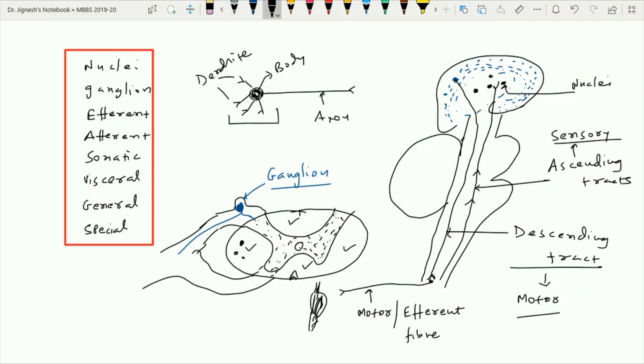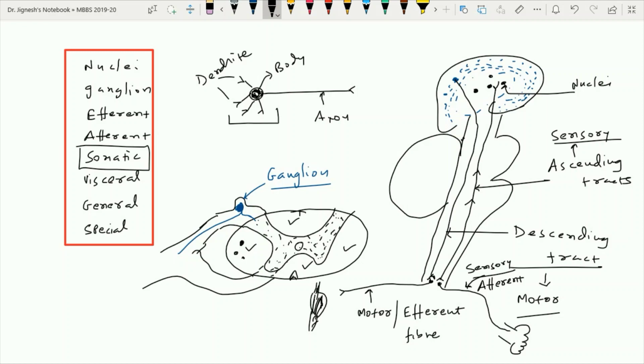While any sensation from any part of the body is carried by one fiber to reach the spinal cord, and from there the ascending tract carries this sensation to the higher center. That's why the fiber carrying the sensation from the peripheral part to the central nervous system is called the afferent fiber, or it is also called the sensory fiber.